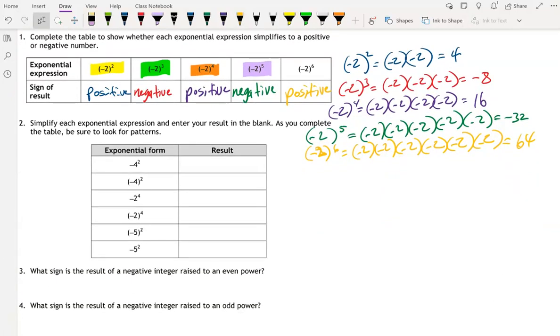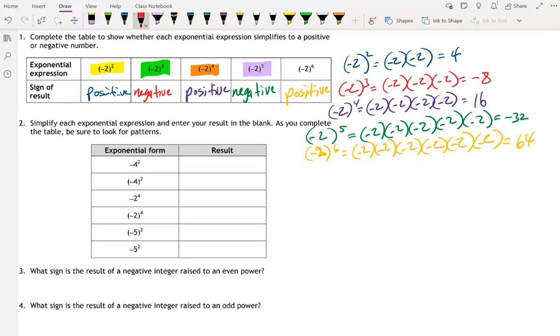In the second question, we're supposed to simplify each exponential expression and enter your result in the blank. As you complete the table, be sure to look for patterns. Well, as you can see from this first one, it looks like negative 4 to the second power, but it isn't. Please notice that there are no parentheses around the negative 4.